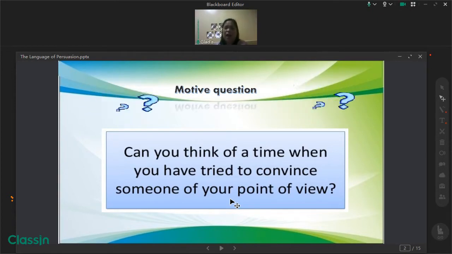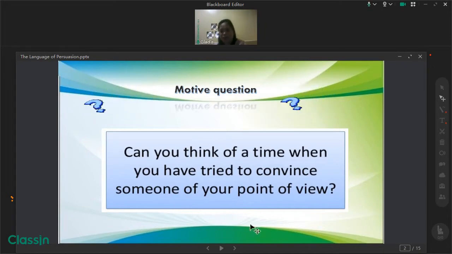You would also have been taking into account two important elements of persuasive language when you are convincing or persuading someone. The two elements that you have taken into account are the audience and the purpose.